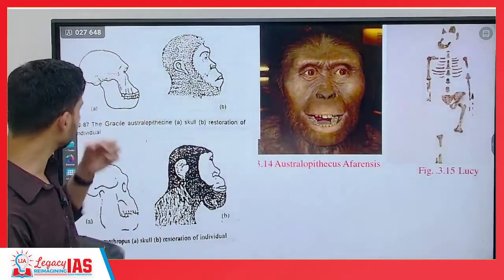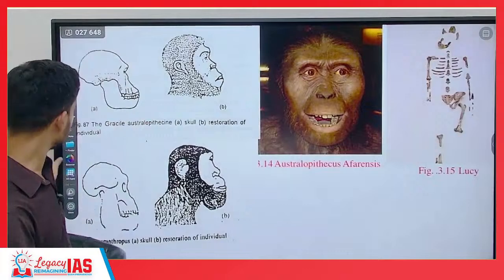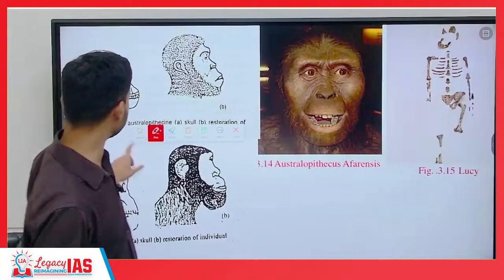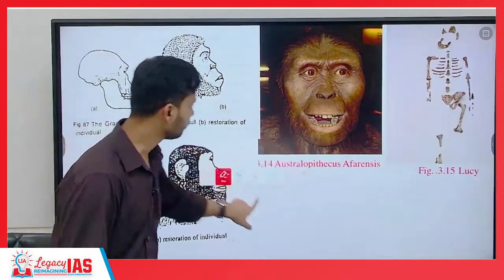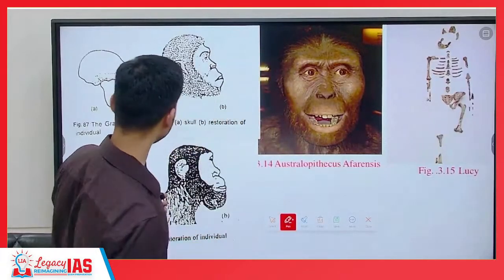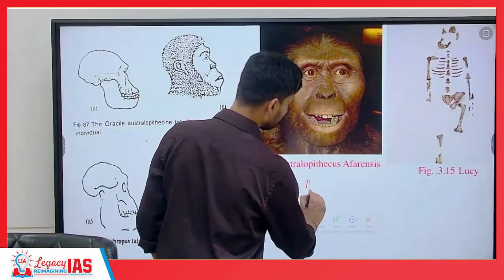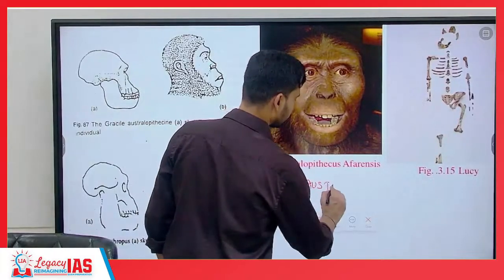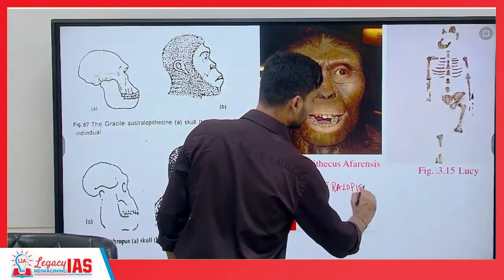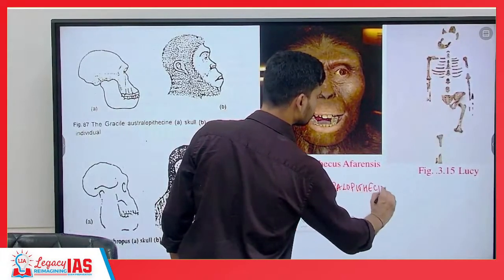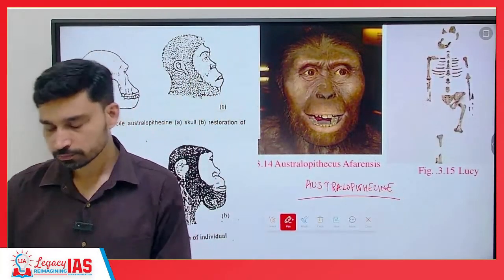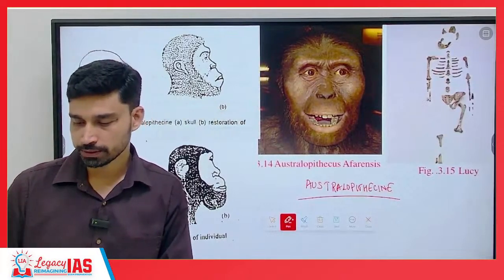The first fossil evidence that we have found is of Australopithecus. Australopithecus is one of the examples here. So first we can write Australopithecus, and we'll talk about Australopithecus.